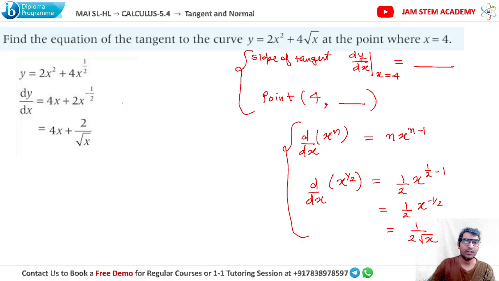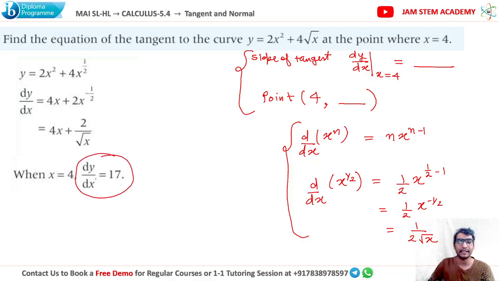Now, in order to find the slope of the tangent line, we have to substitute x as 4 here. So put x equals to 4 here to get the value, right? So x equals to 4 gives me 16 plus 2 over square root of 4. On solving that, I'm getting dy over dx as 17. So that's the slope of the tangent line.